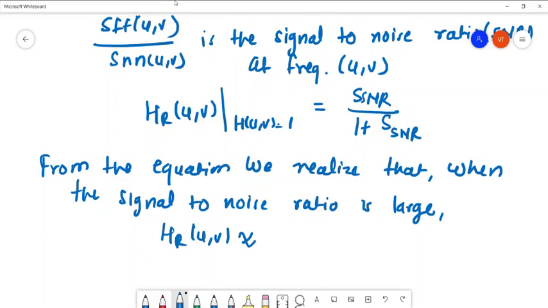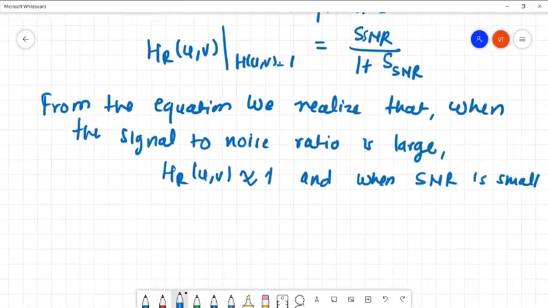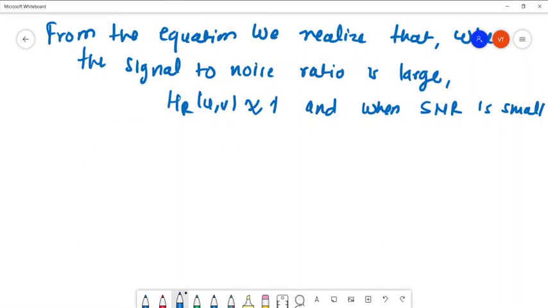Hr(u,v) will be almost equal to 1, and when SNR is small, Hr(u,v) will be equal to SNR, right?